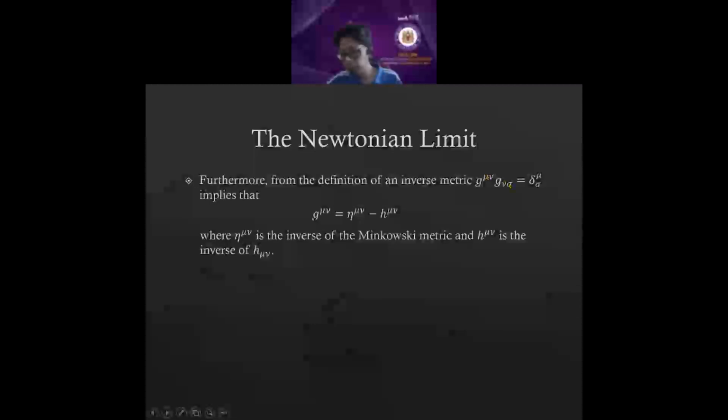From the definition of the inverse metric, it follows that the inverse metric g is going to be equal to the sum, or the difference, between the inverse metric of the Minkowski metric and also the inverse metric of this h.